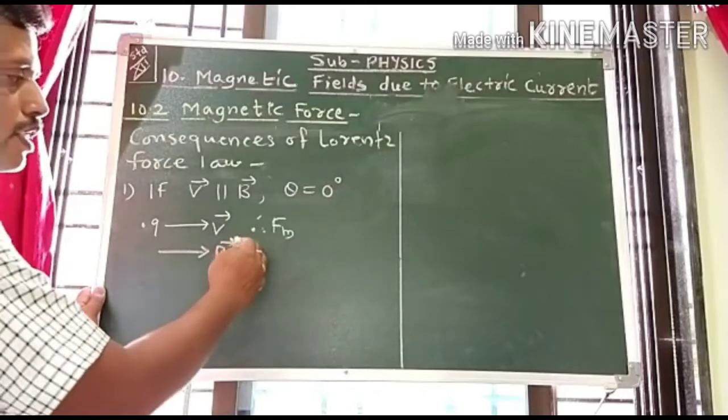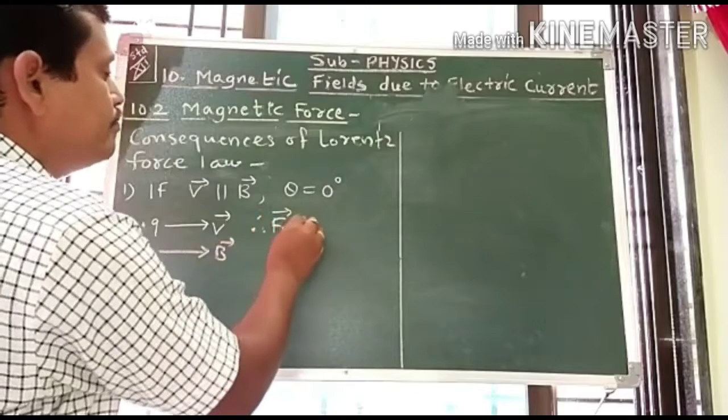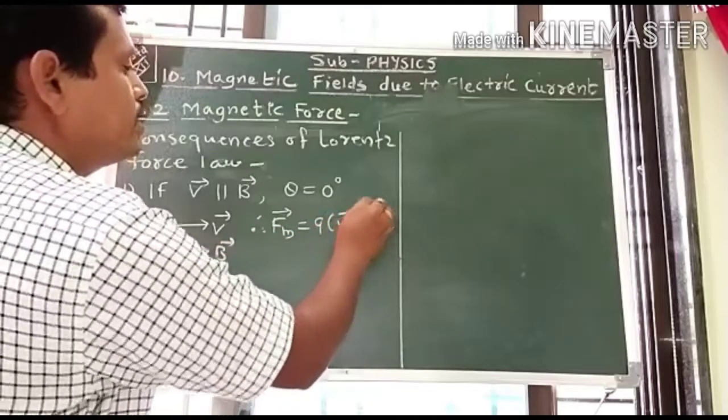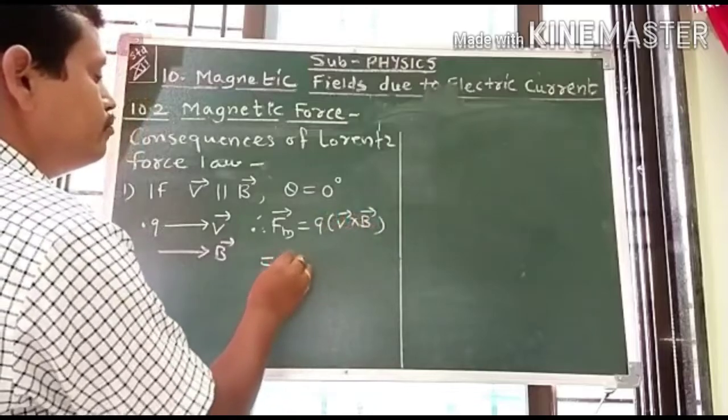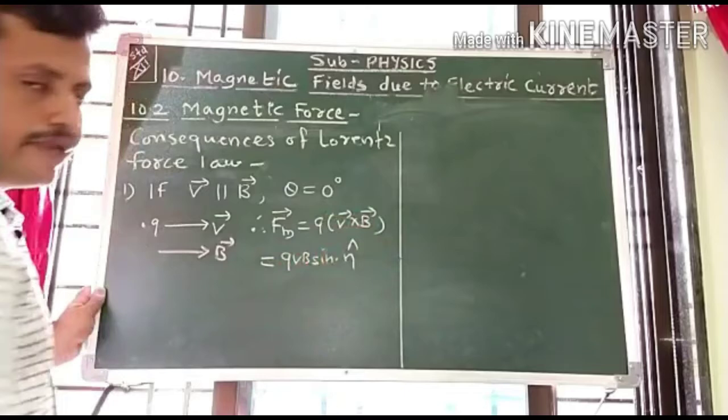By using the Lorentz force law, the magnetic force acting on the charge, vector Fm, is equal to Q into bracket vector v cross vector B, which is equal to Q v B sine theta into unit vector n cap.